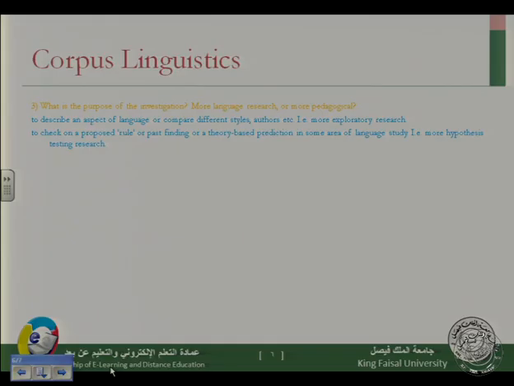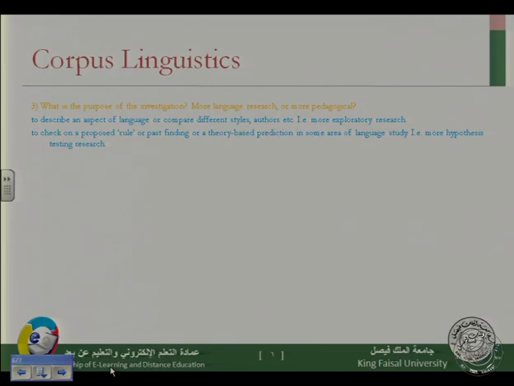So you have a hypothesis that you read about, or you have a hypothesis in your mind and you want to test it through the corpus. For example, you would say, well, children of Arabs or Arabic speakers can learn English very fast and fluently. They don't have errors. This is a hypothesis in your mind.